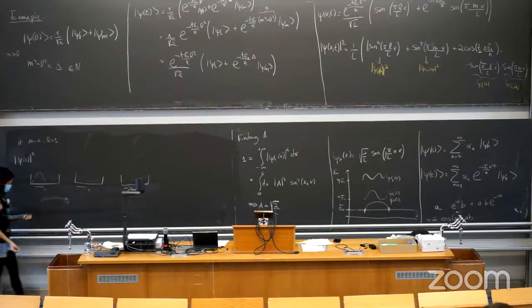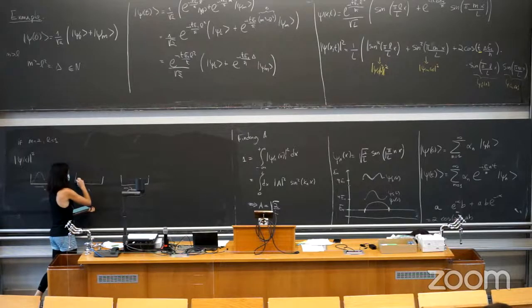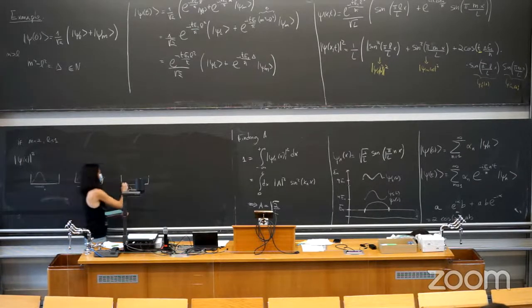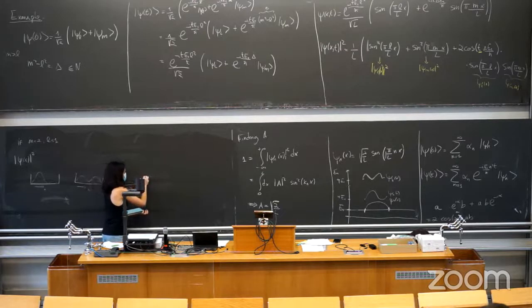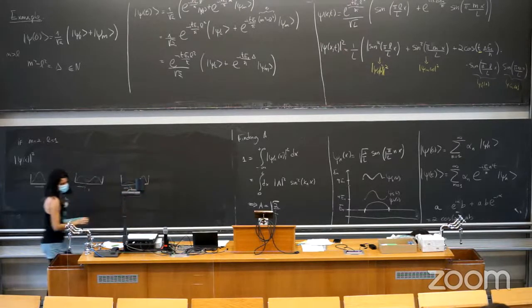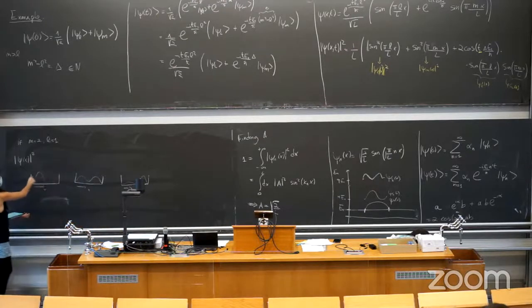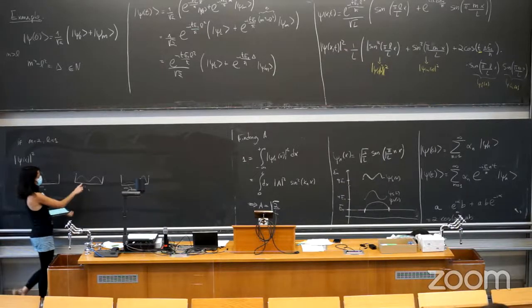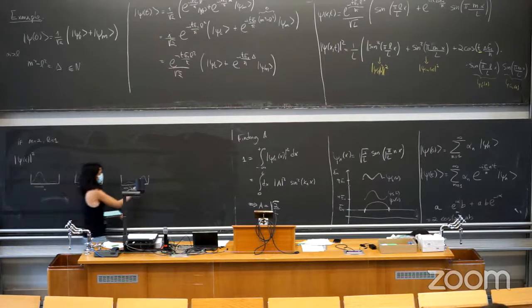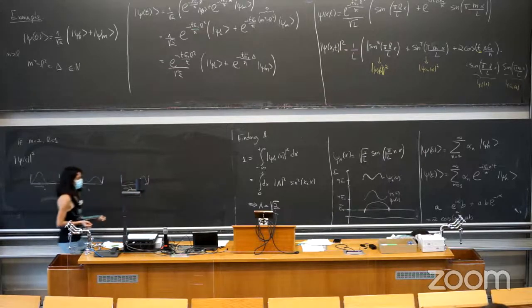Then later on, it looks like this. Then later on, it looks like more on the right. Which means what? If I measure the position at this point, I'm more likely to find the particle around here. If I measure at this point, it's anyone's guess. And if I measure here, then I'm more likely to find it there. And then it goes back.